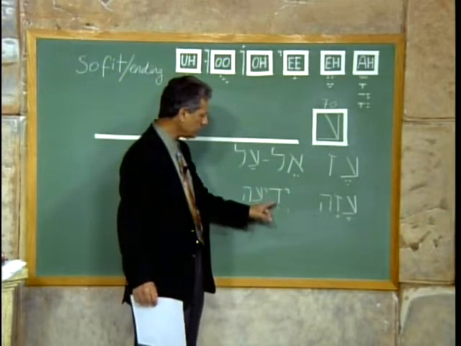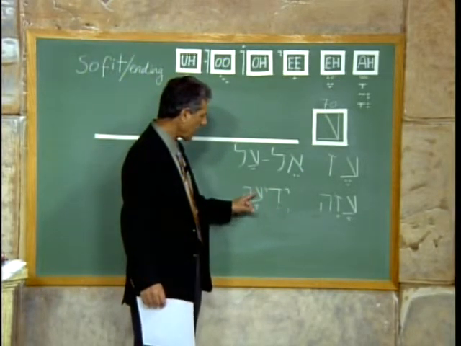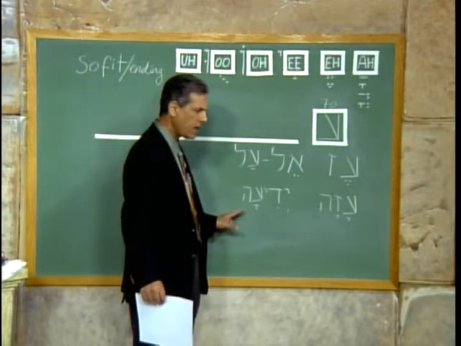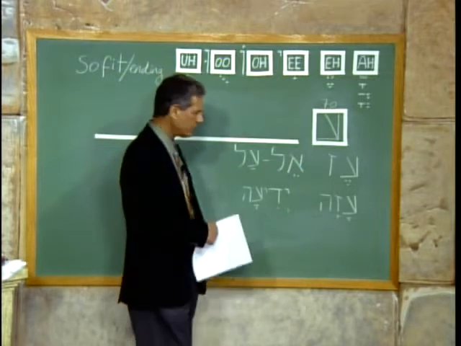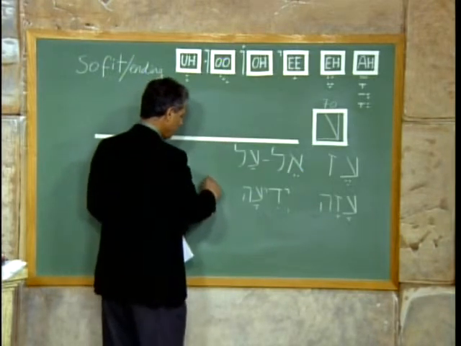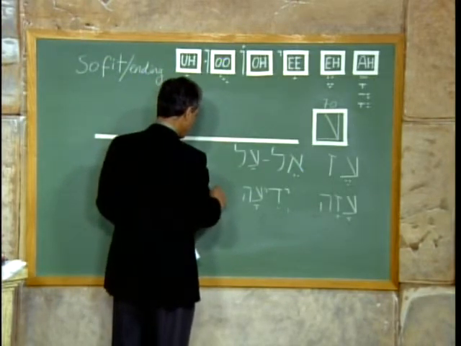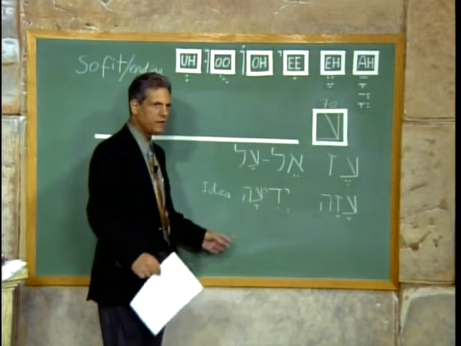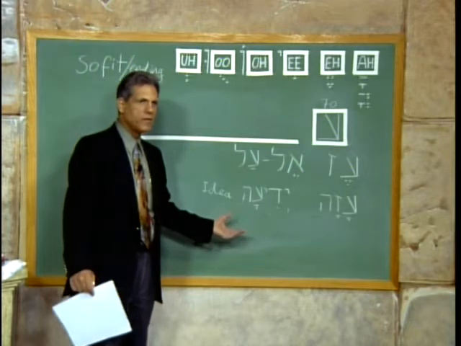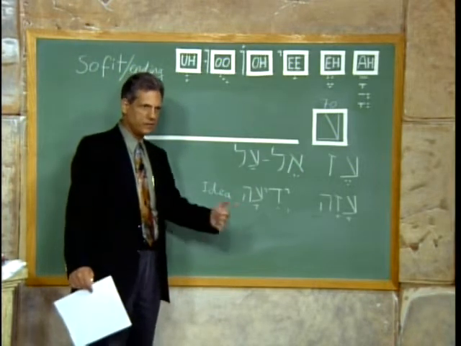That makes an E sound, Di. And the Ayin with an A sound and a He with no vowel. Yedi'ah. The word that we use in English is idea. Idea. So get some ideas from Hebrew words that you can read.